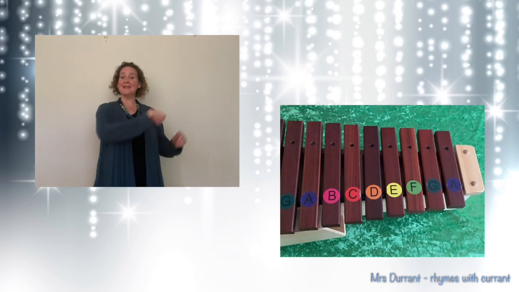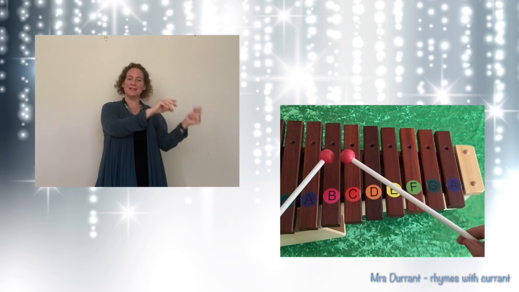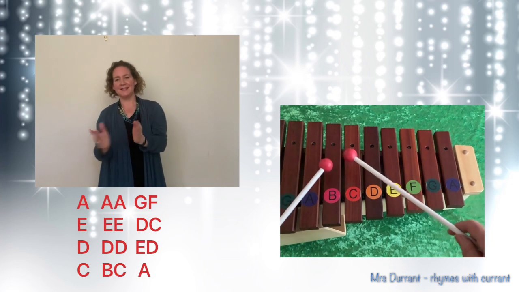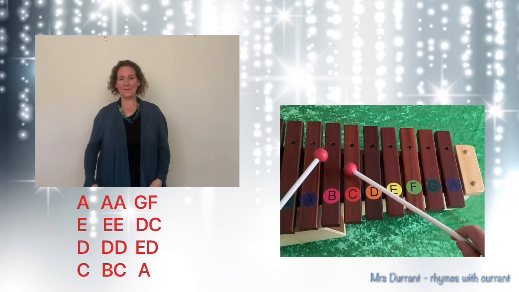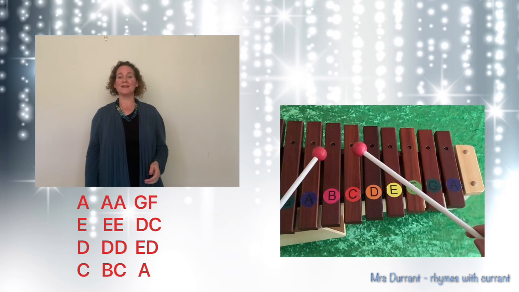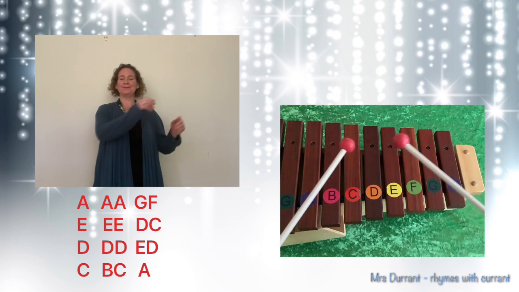So the rhythm is ta, ti ti ti ti ta, ti ti ti ti ta, ti ti ti ti ta, ti ti ta. And the ending we already know from section A. So let's add it onto our xylophone.